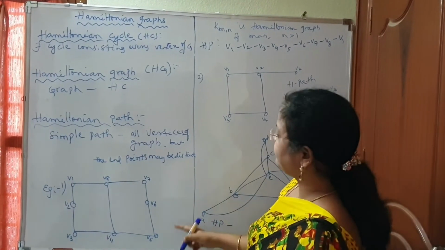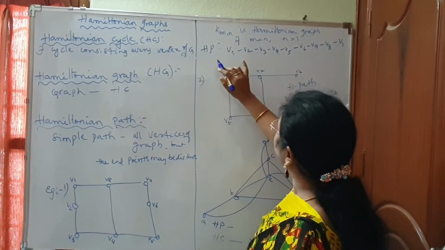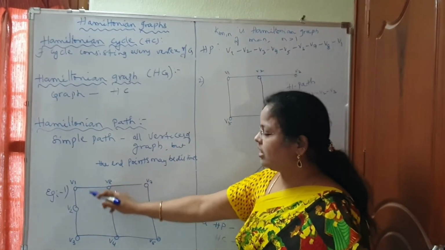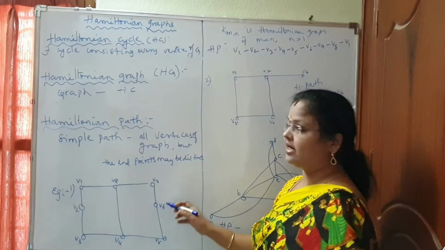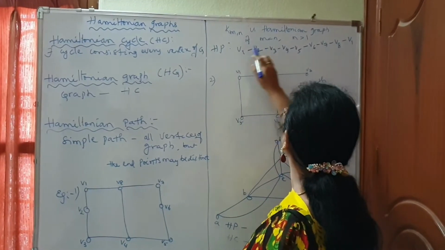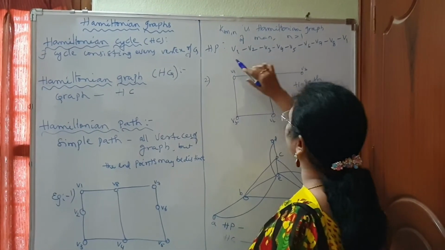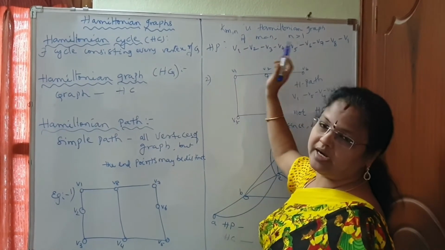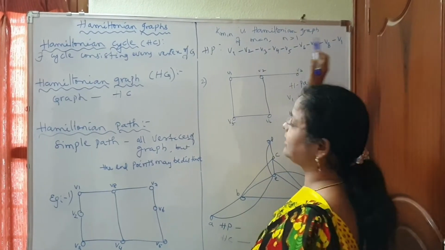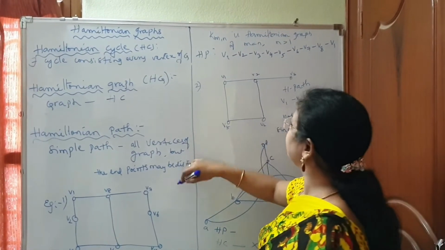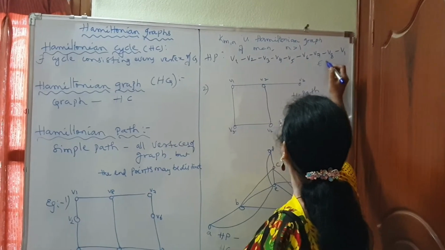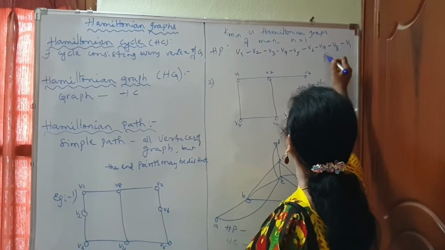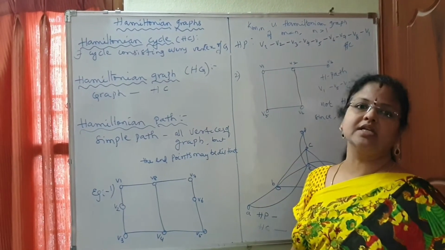Okay. So here if you observe clearly, we have considered all the vertices of the graph, and the initial vertex and the terminal vertex are identical. So therefore you can say that this is a graph consisting of a Hamiltonian path as well as a Hamiltonian cycle.